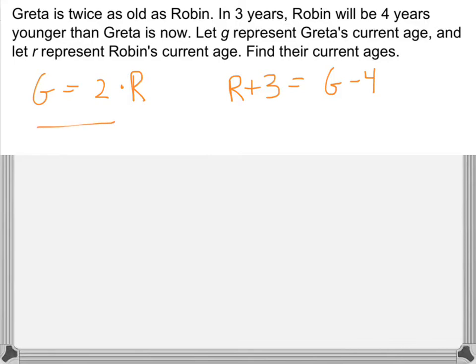Make sure that these equations are correct. I'm a little worried about the second one. So in 3 years, Robin will be 4 years younger than Greta. So she will be, there's your equal sign, in 3 years. So if I add 3 years onto Robin's current age, she'll be 4 years younger than Greta is now. So she'll be equal to Greta minus 4. Okay, these two are fine.